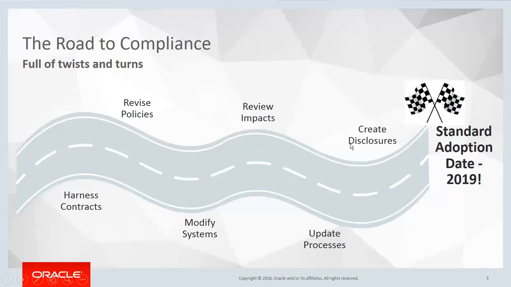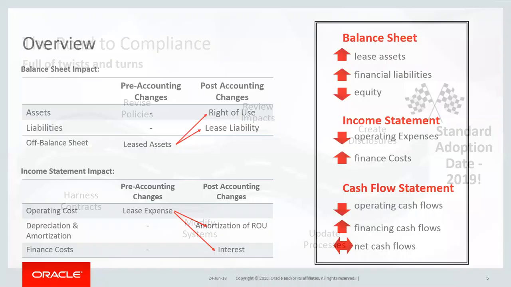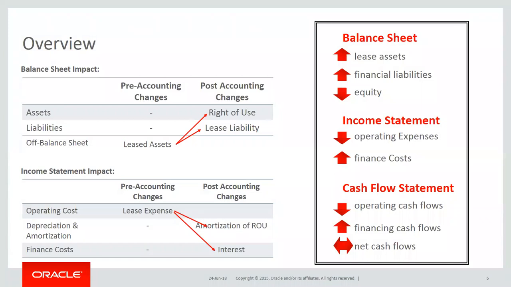And finally, all the disclosures required by these standards will only come out of the system if you have implemented a good solution like the Oracle solution. And once all of this is done, you are ready to meet the deadline for 2019. The standard will be adopted from 2019 for you.